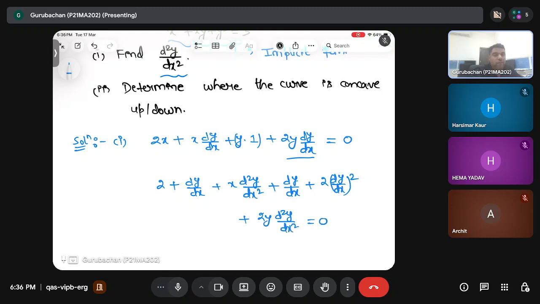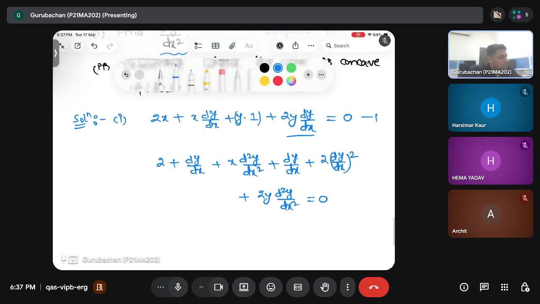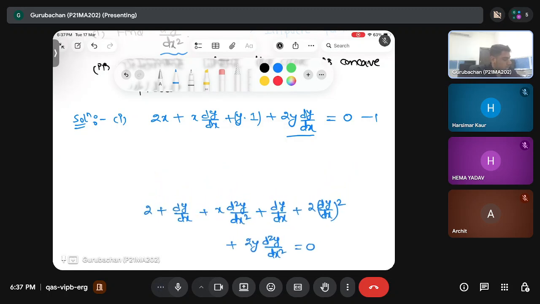From here we may substitute the value of dy by dx from equation number 1. So let us find out explicitly what is the value of dy by dx. Or you may first separate dy by dx on the left hand side, then differentiate it again. I have done it in this scenario. So I need to find the value of dy by dx from here.